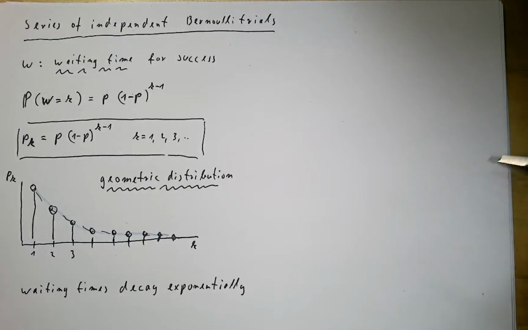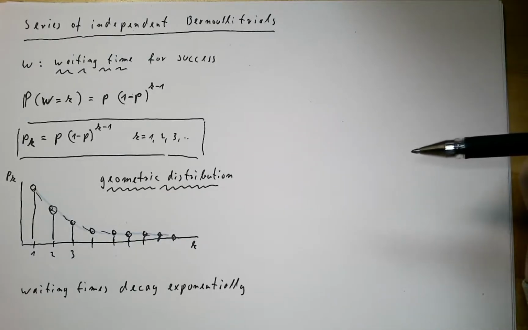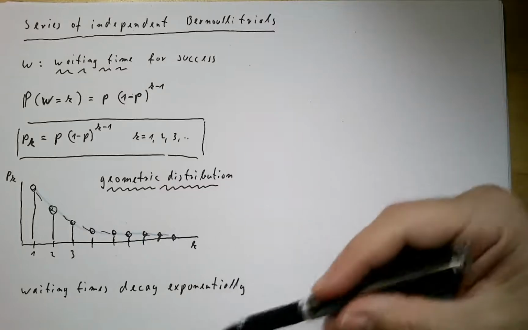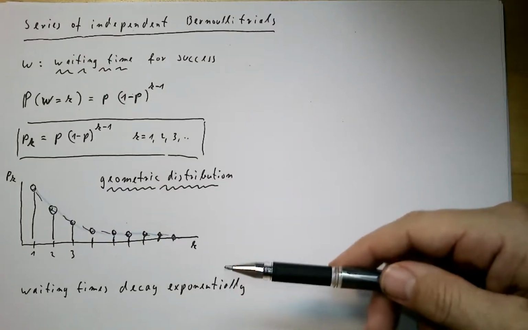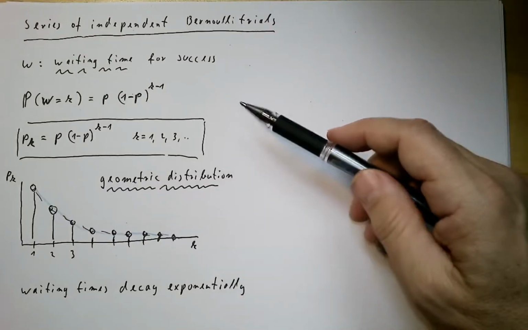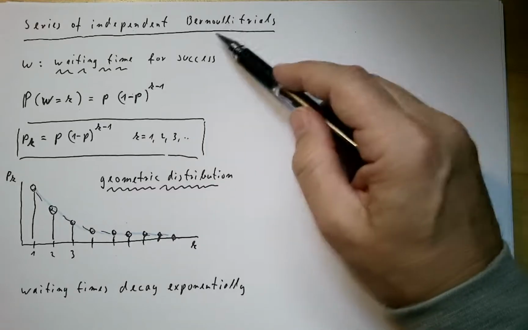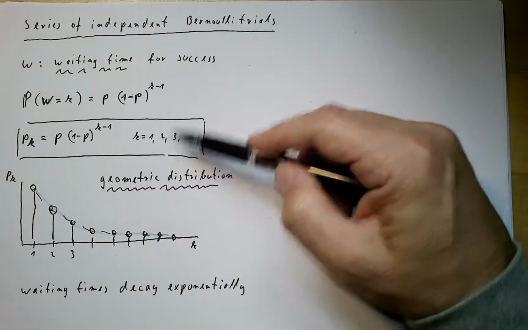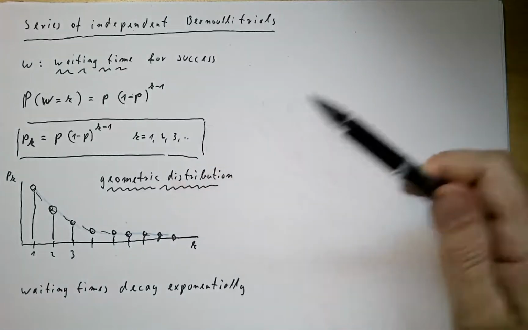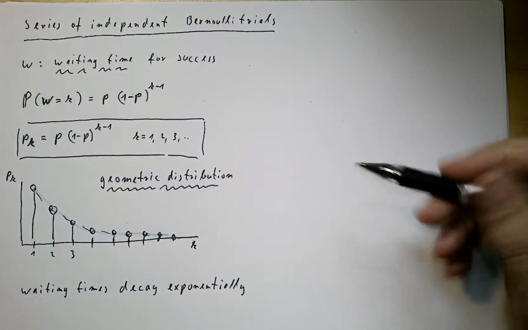And this is what I told you already about the continuous exponential distribution, that exponential distributions always have something to do with waiting times. And here in the simplest case we have a discrete binary variable. We wait until we have a success, and this has the geometric distribution.